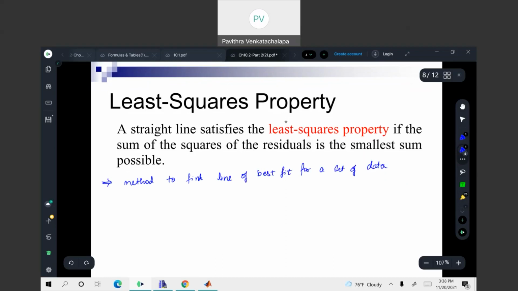So you're going to find a line of best fit for those data points. And how can you find that? By minimizing the sum of squares of the residual.